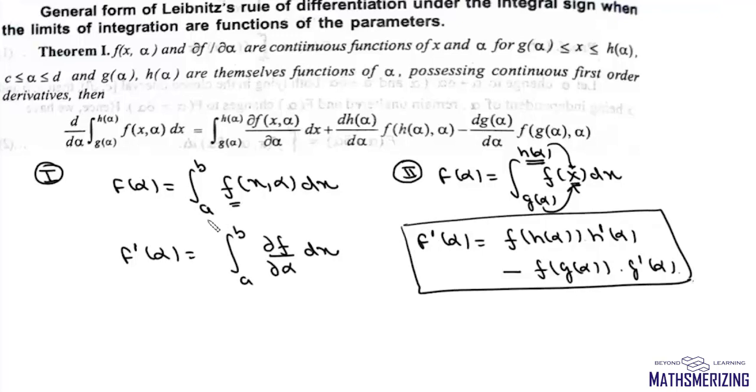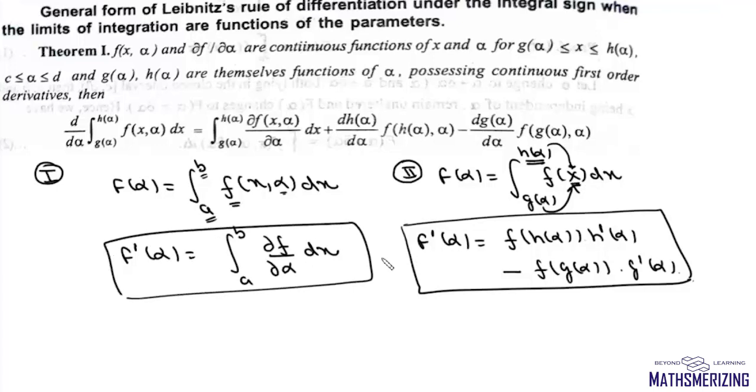So we have the first form when the limits are constant but the function has a parameter alpha, and the second form when the limits have the parameter alpha but the function doesn't have alpha. Now we combine these two results, and we get the general form, when the function also has the parameter alpha and the limits are also functions of alpha.